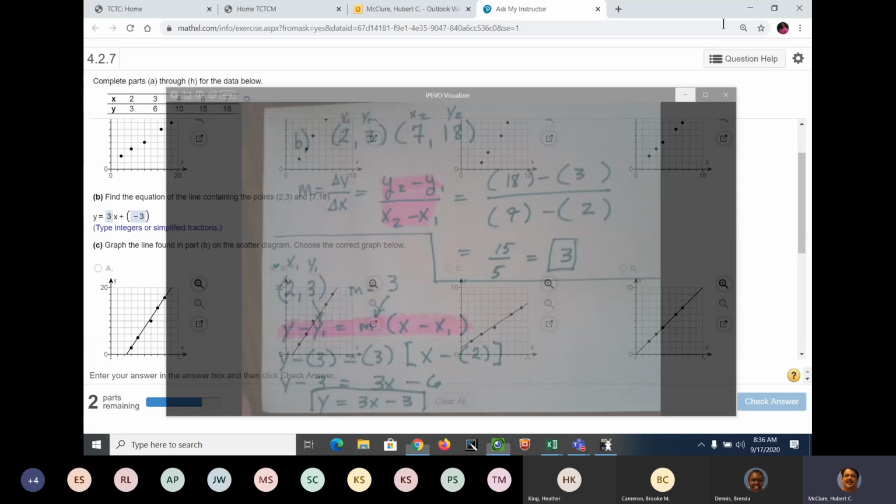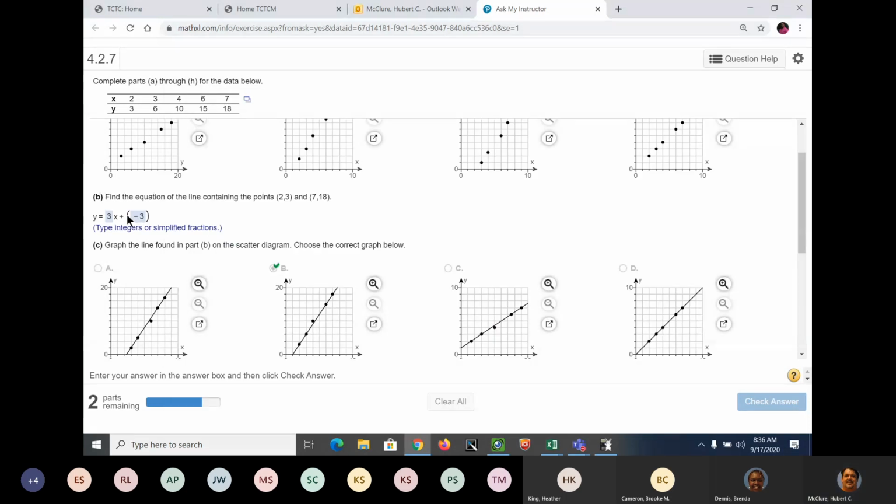There it is right there. And they want you to graph this line, and it's going to touch the first and the last point. The first and the last point. And it just so happens that 2 other points are in line with those. Okay?